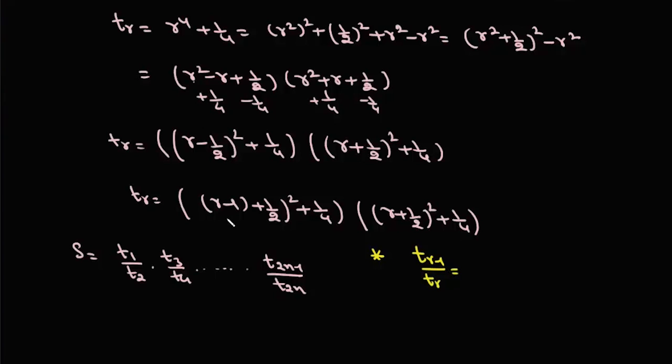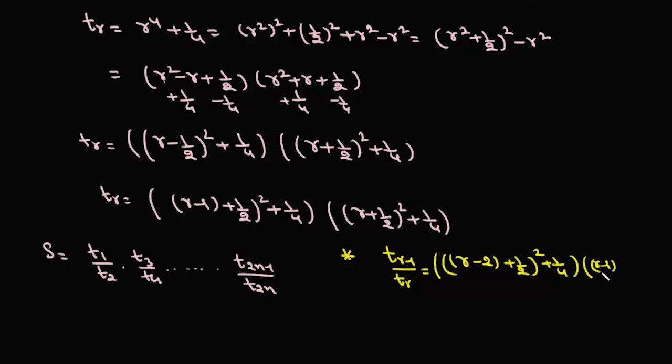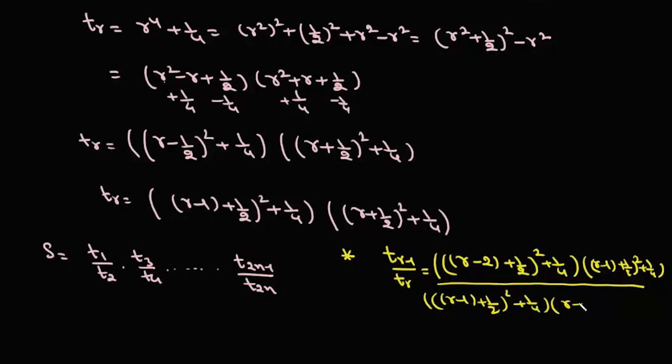Now t(r minus 1) will be, we'll replace r with r minus 1, so there will be ((r minus 2) plus 1 by 2) whole square plus 1 by 4 and here will be ((r minus 1) plus 1 by 2) whole square plus 1 by 4, whole divided by ((r minus 1) plus 1 by 2) whole square plus 1 by 4 into ((r plus 1 by 2) whole square plus 1 by 4).